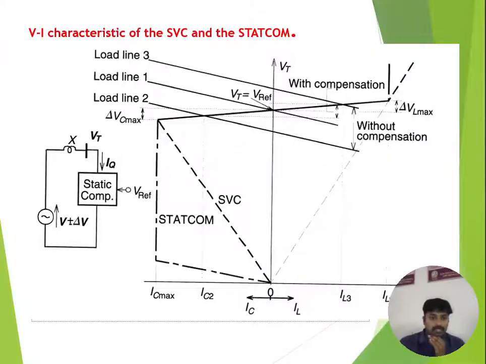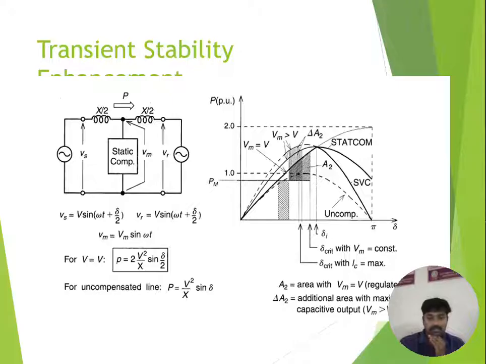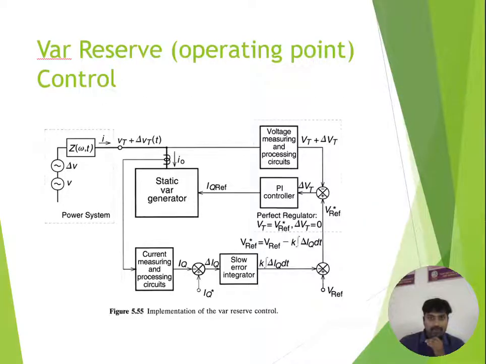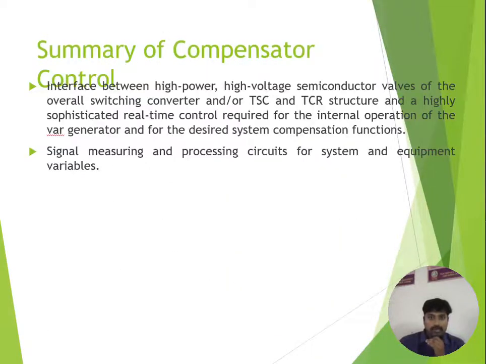Same thing we discussed in the previous objectives. By using this, you will get the transient stability enhancement as well as the power oscillation damping. So these are the key factors after connecting the compensator in parallel.